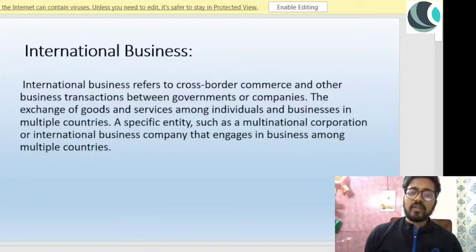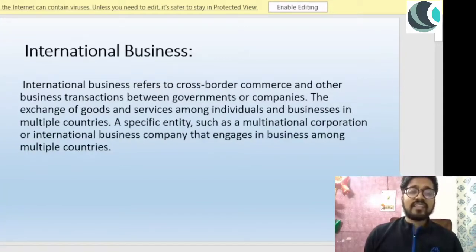So you might be wondering whether an individual will not be a part of international business. Let's read the second part of the definition, what that tells us. The exchange of goods and services among individuals and businesses in multiple countries also forms a part of international business. So your doubt has been resolved here.